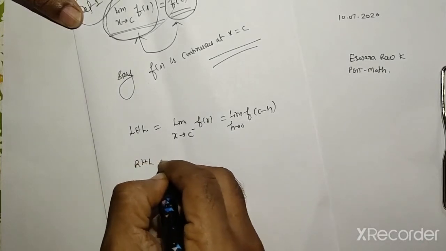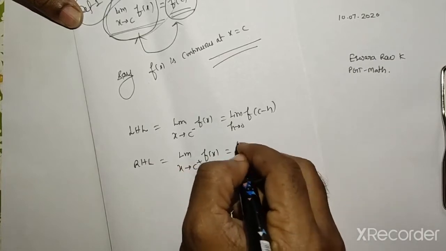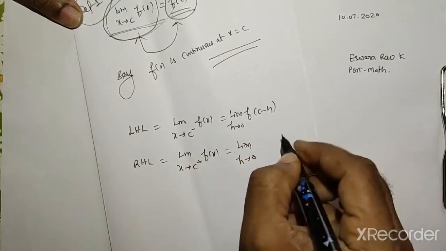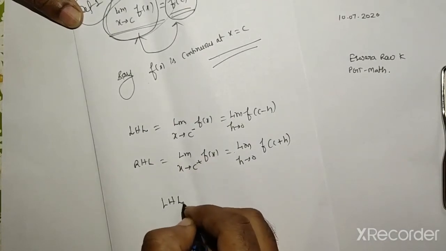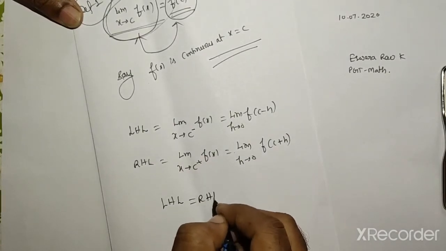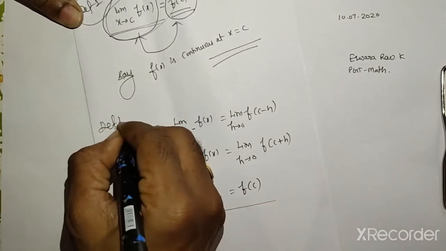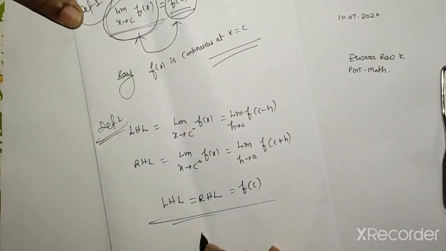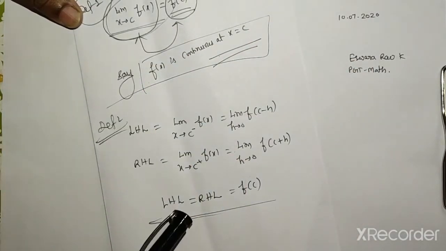Right hand limit is limit x tends to c plus f of x, which is nothing but limit h tends to 0 f of c plus h. These two must be equal. Left hand limit is equal to right hand limit, which is also equal to f of c. Then this is definition 2. Then you can say the function is continuous at x is equal to c in this case also.